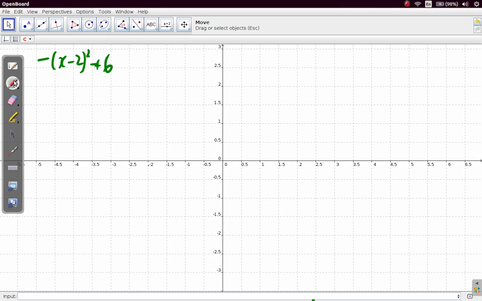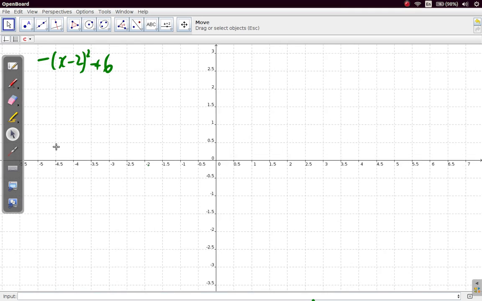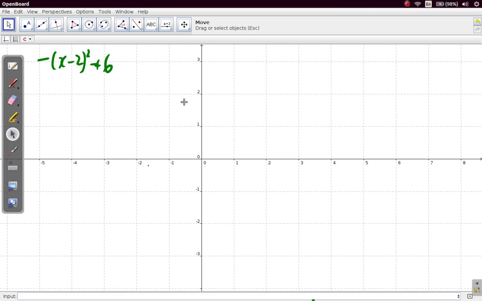Let's sketch this graph on our graph paper that we have here. Negative x minus 2 squared. The negative means there will be a maximum point, so it should have this shape. As for the x minus 2, what this indicates is that you have negative x squared.